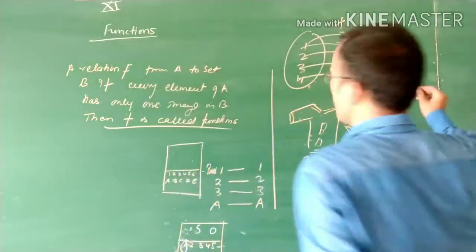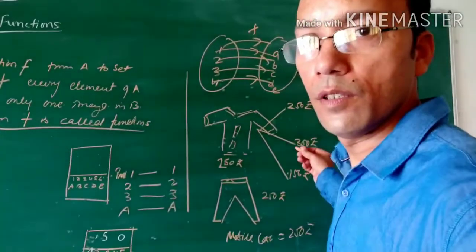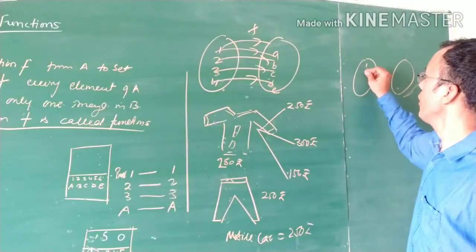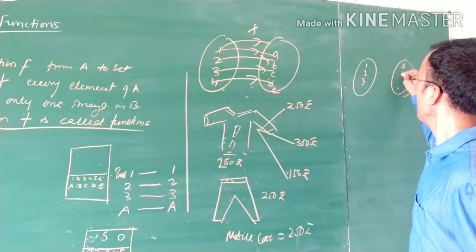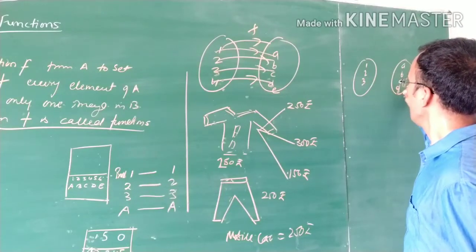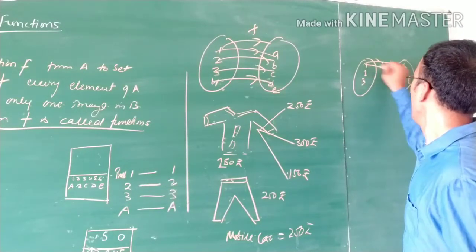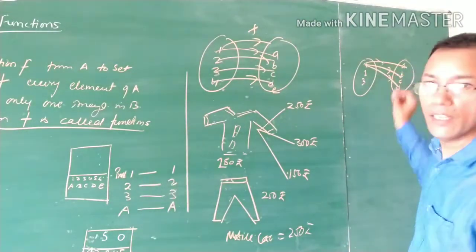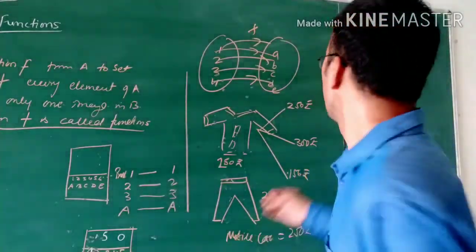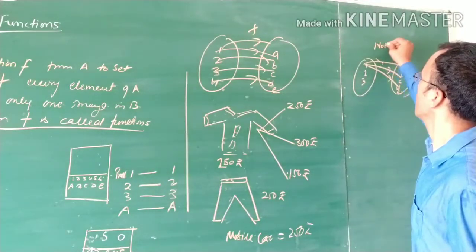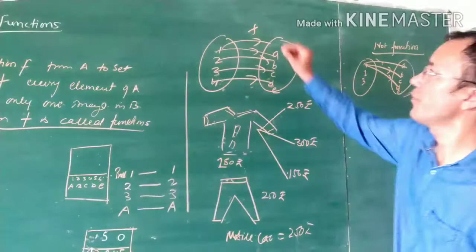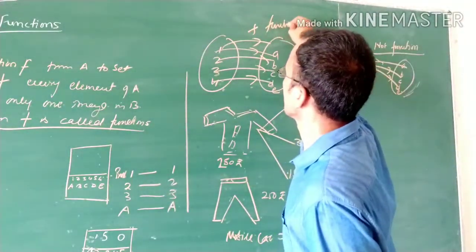But if it has more than one image, 1, 2, 3 and A, B, C, D, E, if one object has image A and also another image B and another image C, then it is not a function. We call this a function, and that is not a function.